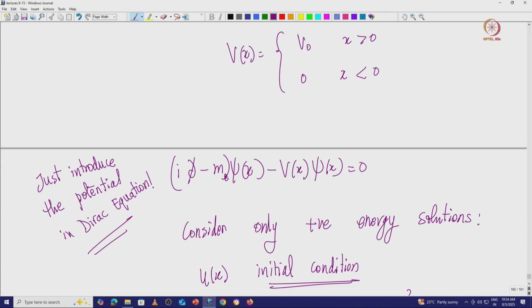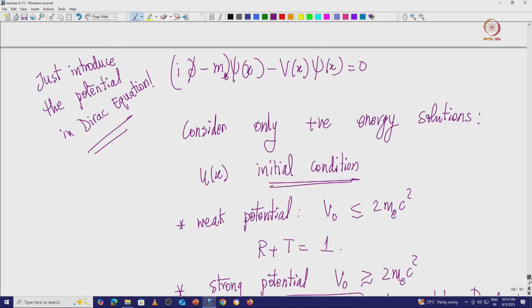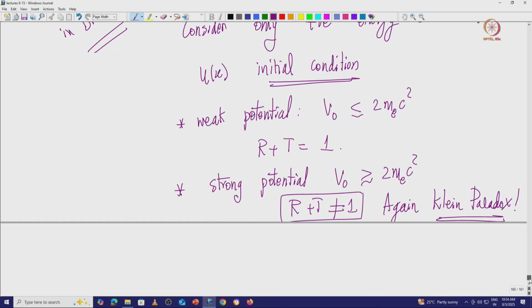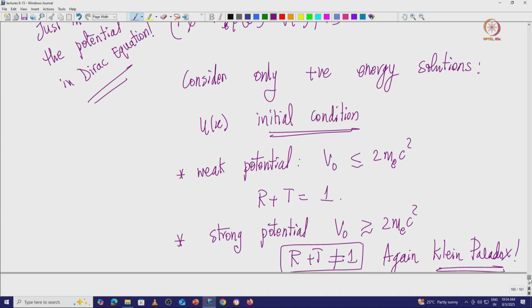So this is very crucial. The negative energy solution problem will not go away in Dirac theory. It will end up being the same thing.